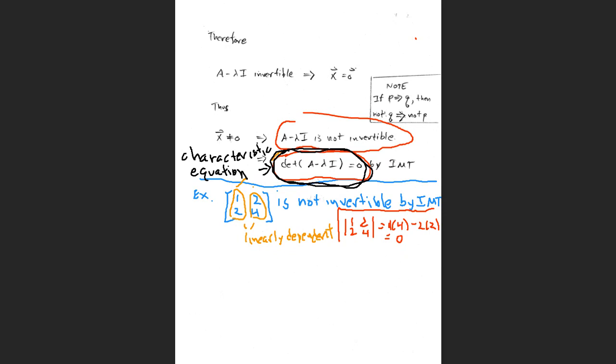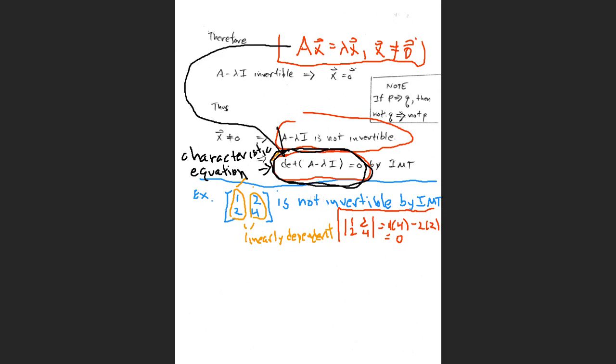So essentially, we started from the basic definition of what an eigenvector and an eigenvalue is, and this definition implies that the determinant of A minus lambda I equals 0.